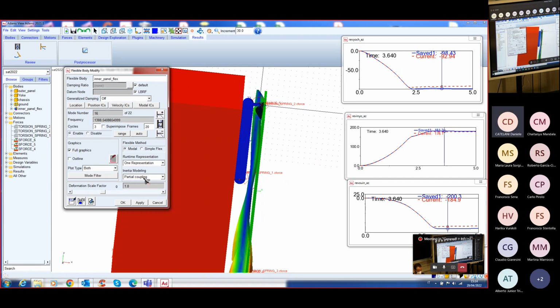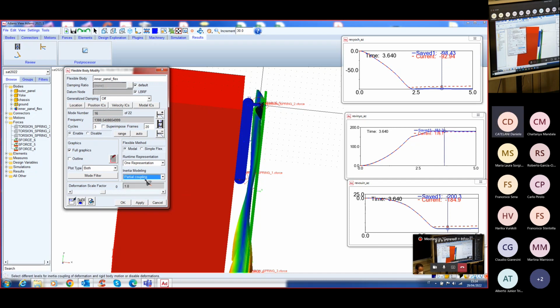Here you have the inertia modeling description. So if you want to deactivate the flexible content, you can select rigid. If you want to use the inertia invariants depending on the first order of the modes, you use partial coupling. If you want to use all the invariants, you use the full coupling method.